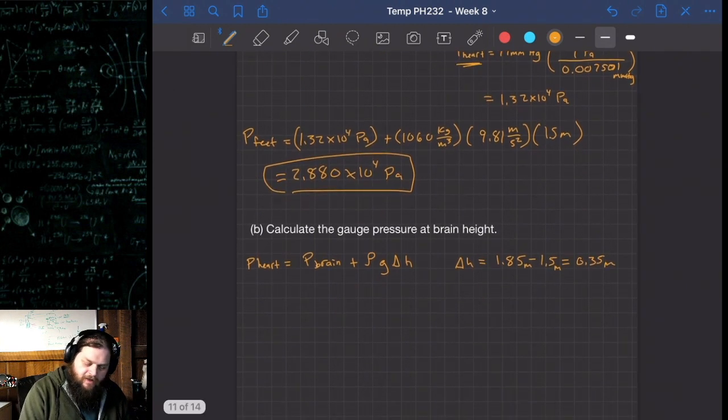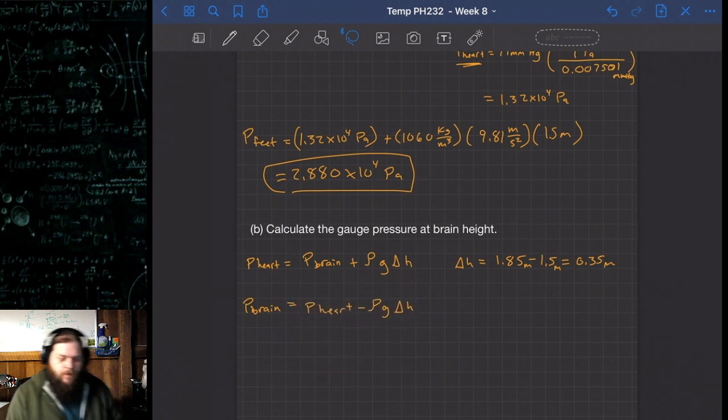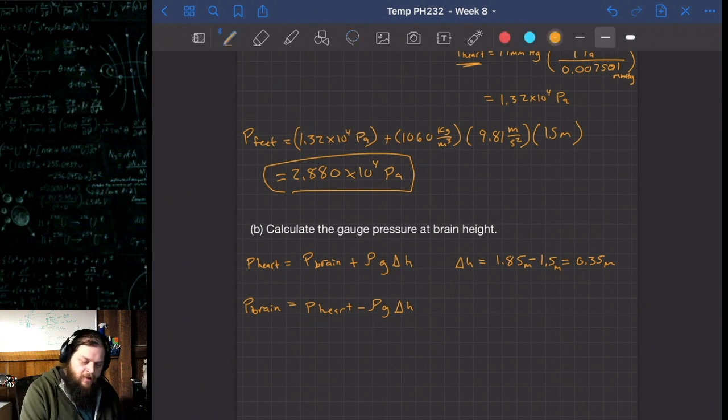So I can rearrange this equation to be P brain is equal to P heart minus rho gravity delta H, because we want to subtract this value from both sides.